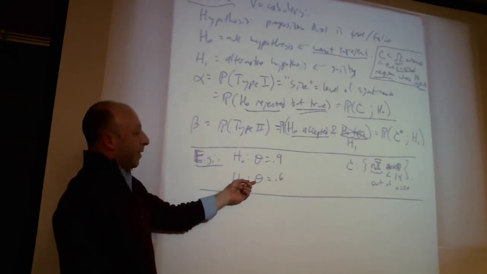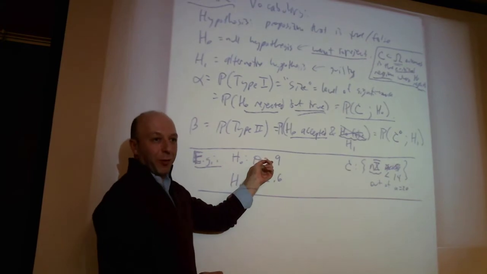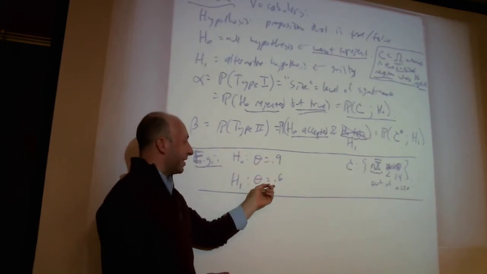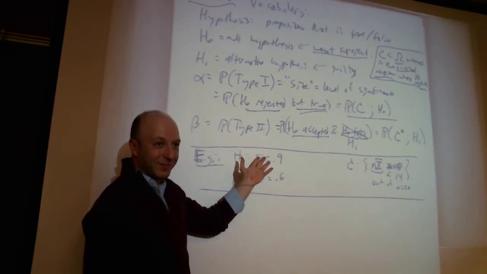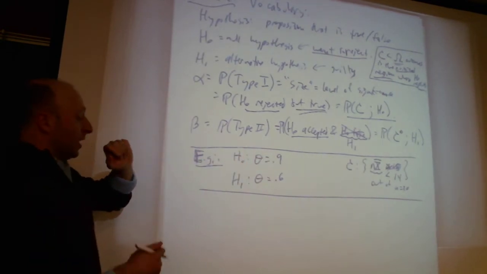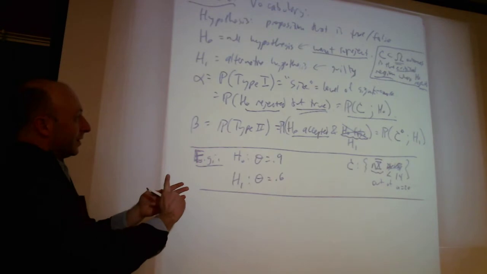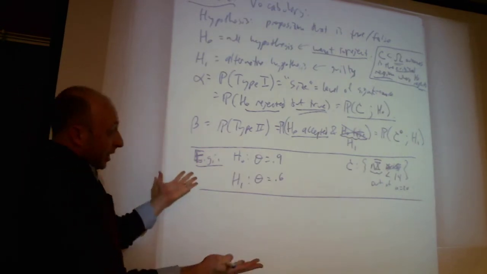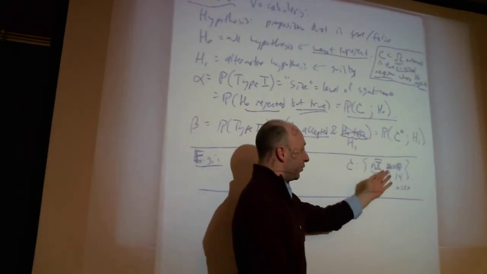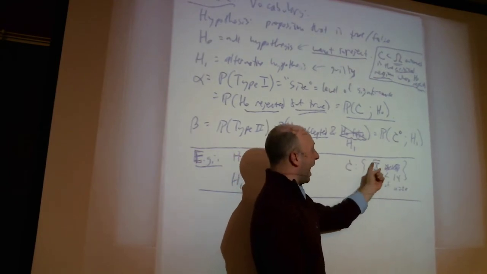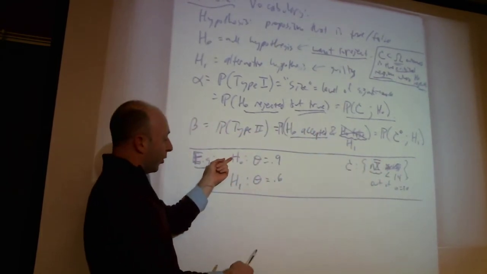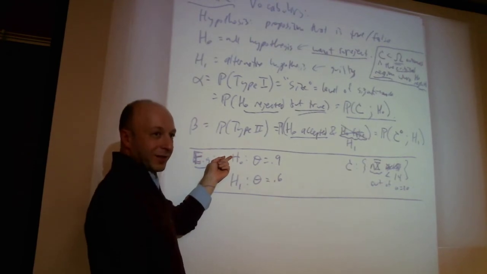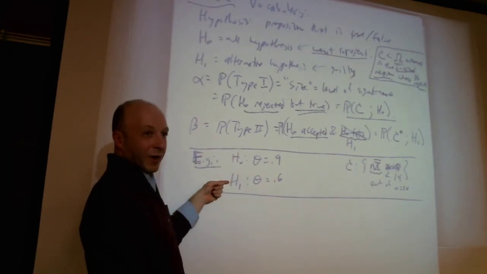Okay? Certainly theta does not have to be either 0.6 or 0.9. It could be 0.7, it could be 0.4. Could be 0.8, it could be 1, it could be anything, right? So the quality of a statistical test depends, but I've given you all the information. I've given you a critical region, under what outcome will I fail to reject or reject the null hypothesis in favor of the alternative hypothesis.